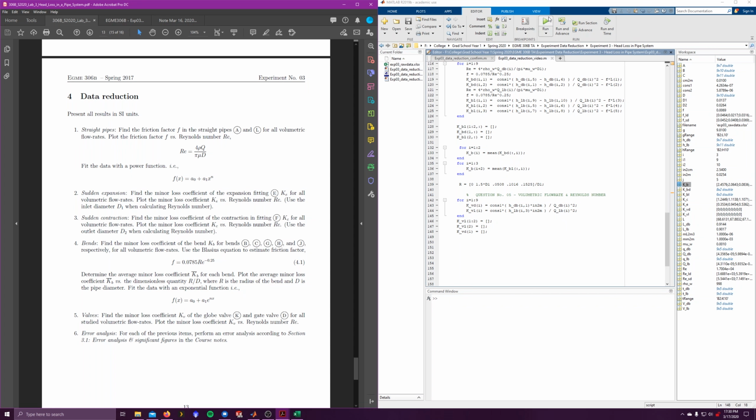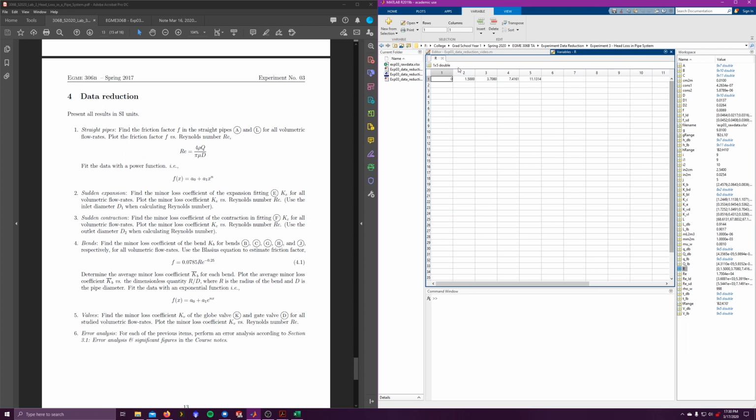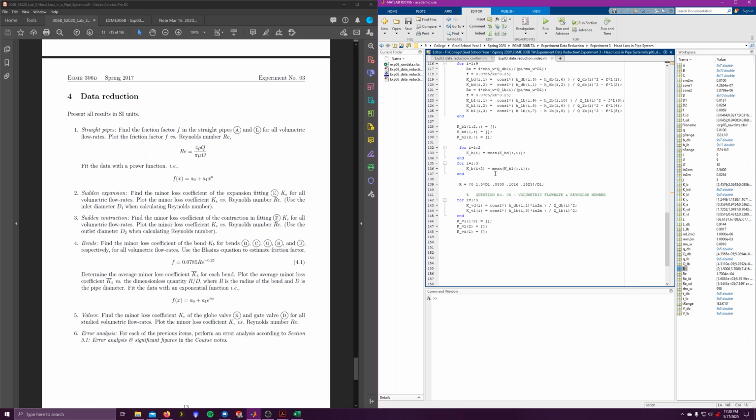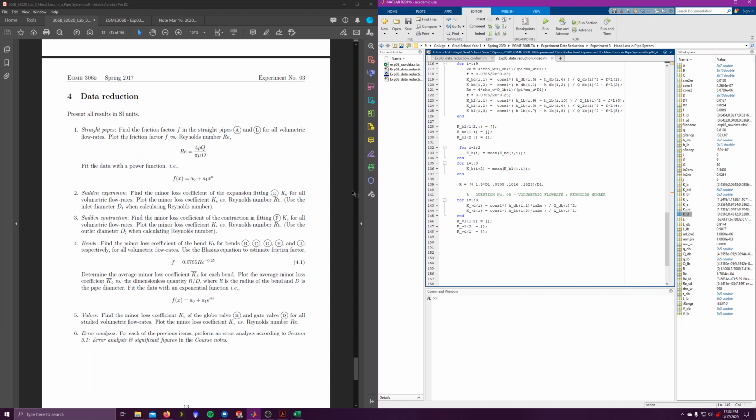Then we need to divide it by the diameter, as specified in the data reduction, or divided by d. If we run that code, then we have r right here, with the 5 values that we need. Now we can plot the average minor loss coefficient for the bends versus this radius divided by diameter dimension. Now we're on the last question. We need to look at the minor loss coefficient for the globe valve and the gate valve.